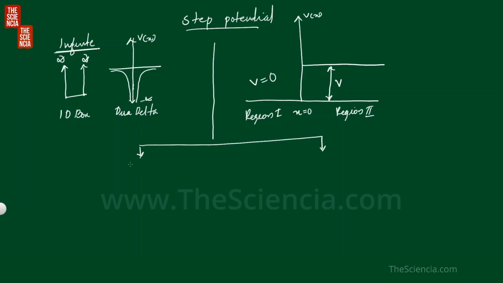The first case is energy of the particle is greater than potential energy of the barrier or step, and case 2 is energy of the particle is less than the potential barrier or the step. Okay, so first we are going to discuss case 1, then we will discuss case 2. Case 1, that is energy of the particle is greater than potential of the barrier.